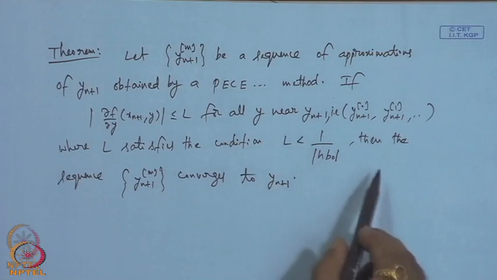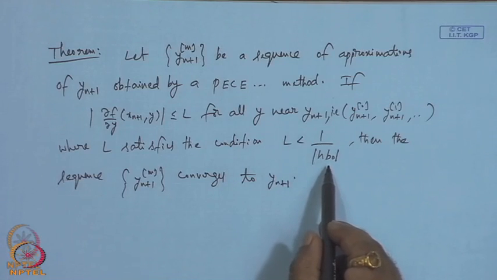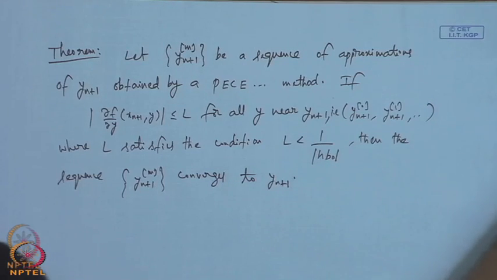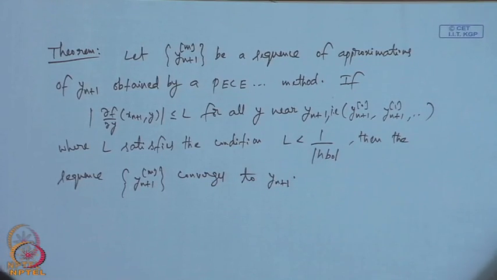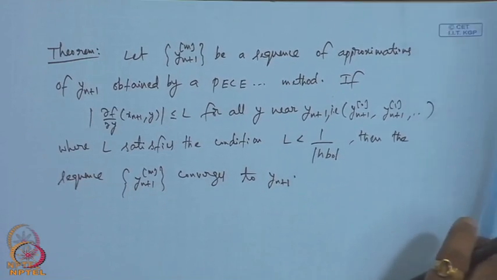So, this condition, so this coefficient is important. Okay. So, with respect to the general multi-step method, this coefficient. So, we should be careful how we have defined. So, this is the coefficient of f n. Okay. So, this guarantees the convergence.